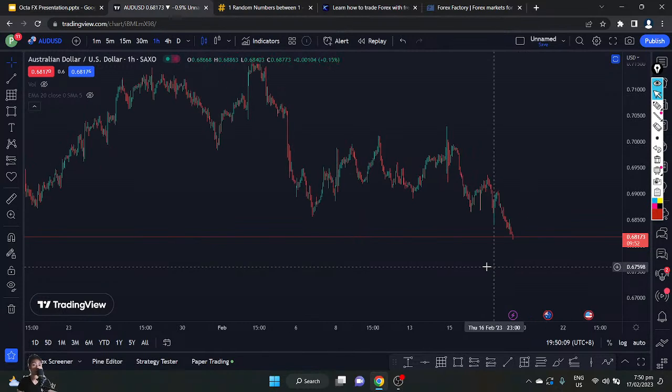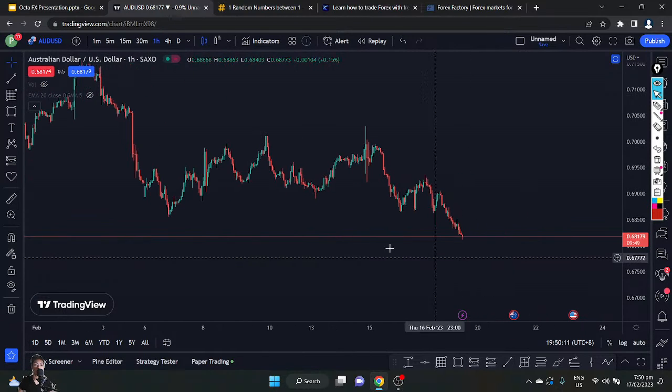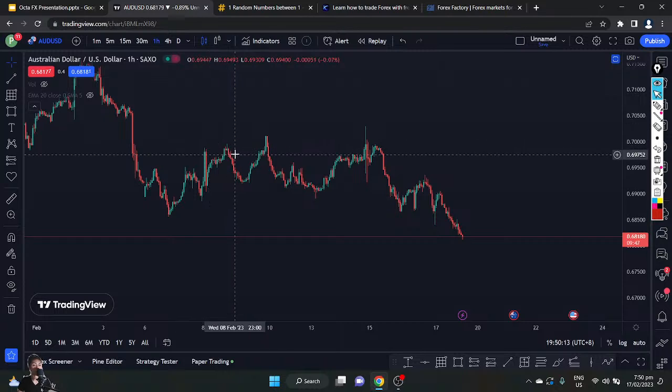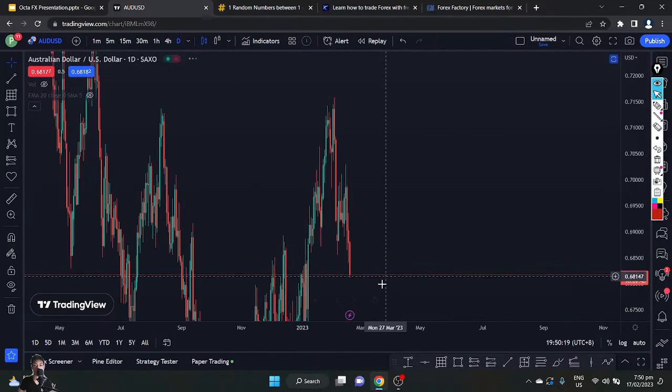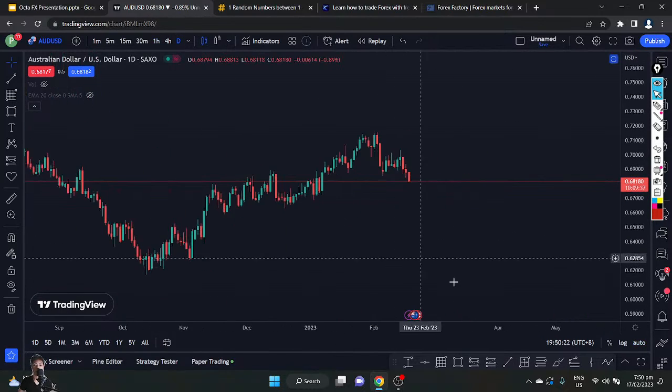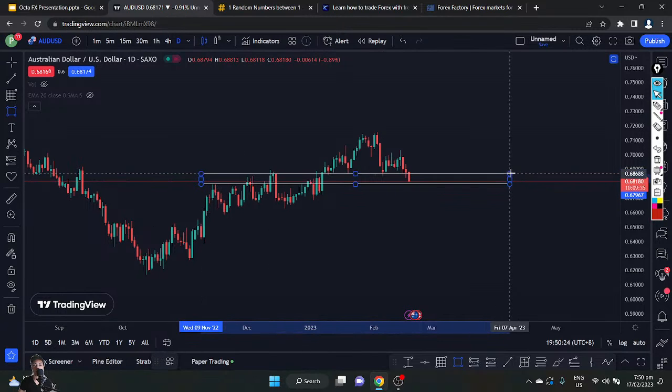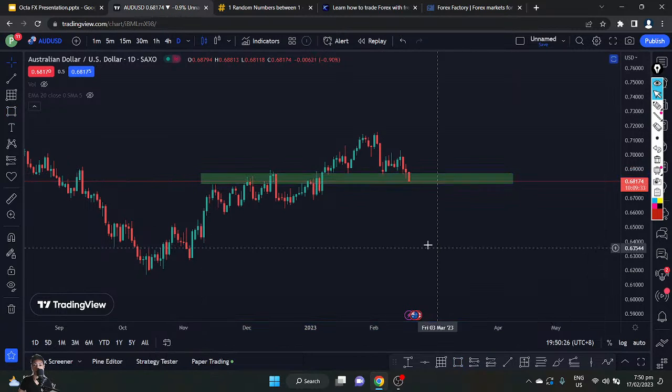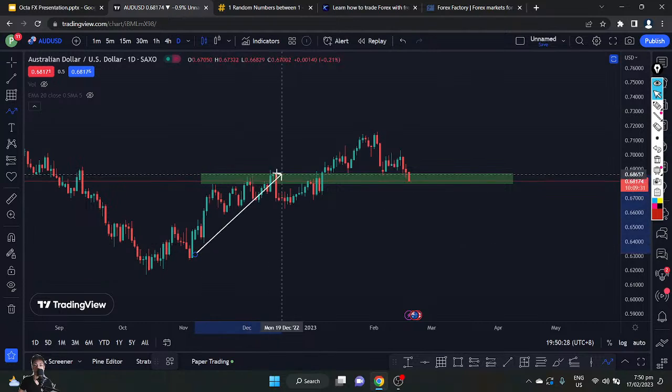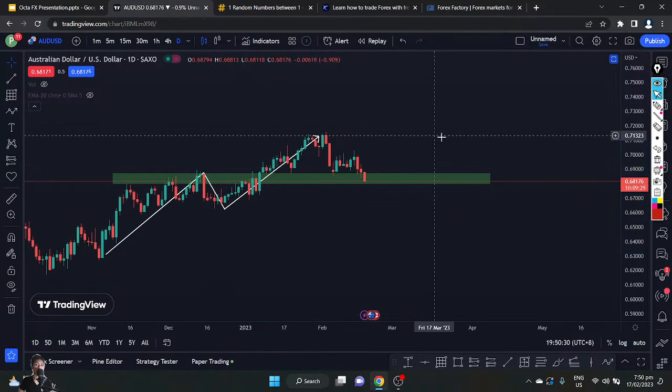But for the conservative traders, again, they prefer trading on the higher time frame and they want more information before taking a trade. So for example, this is a good example for the Aussie dollar. So we have this previous resistance that could turn into support, and this is again our previous one from our 1 2 3 pattern.